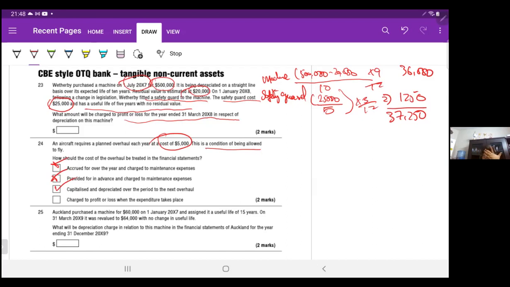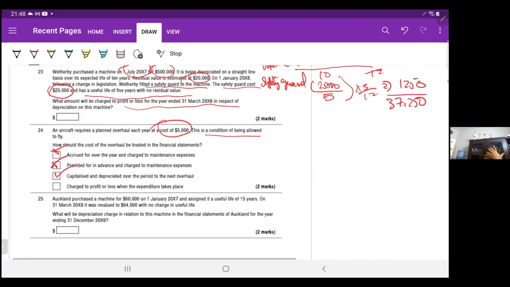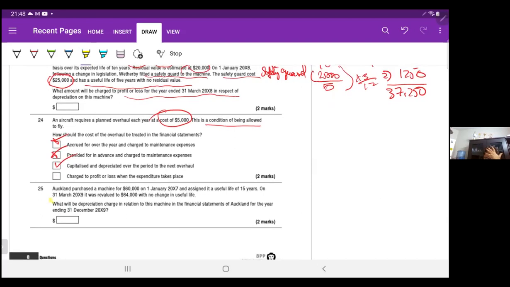Okay, now next question. What will be the depreciation charge in relation to this machine in the financial statements of Auckland for the year ending 31st December 20X9? Auckland purchased a machine for 60,000 on 1st January 20X7 and assigned it a useful life of 15 years. On 31st March 20X9, it was revalued to 64,000 with no change in useful life. So look at it carefully.